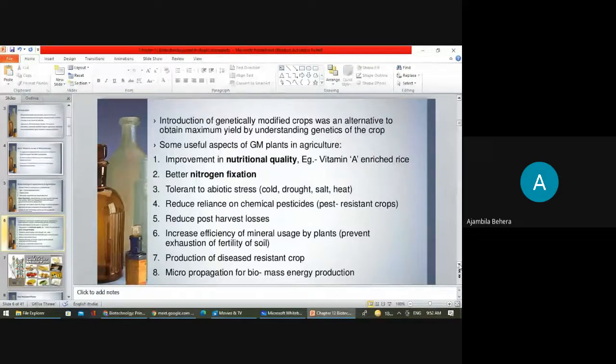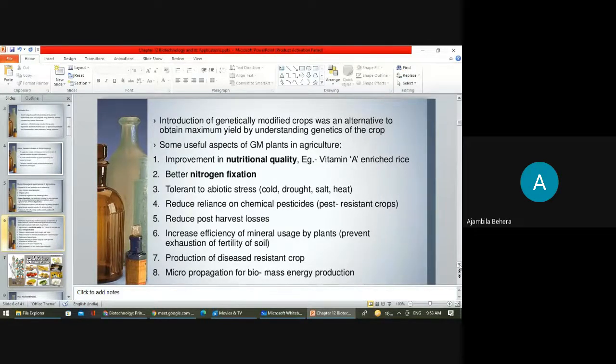Then better nitrogen fixation can occur because of such GM crops. Then GM crops that are tolerant to different abiotic stresses like cold, drought, salt, heat conditions. Then GM crops also reduce reliance on chemical pesticides.